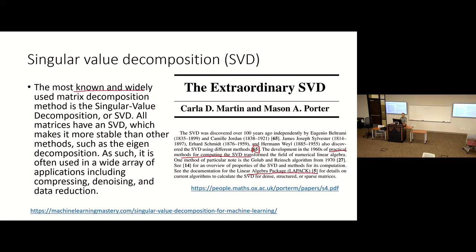This lecture is a little bit upside down. Normally people will introduce SVD first, then non-negative factorization, because that one is much later, as I said. Compared to eigen decomposition, this is more computationally stable.